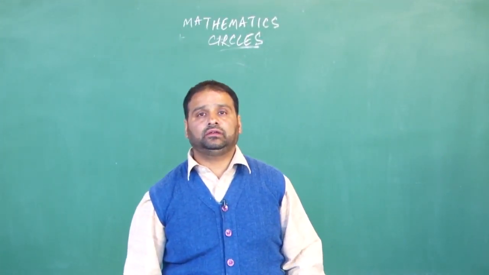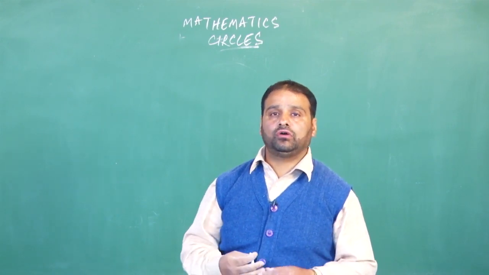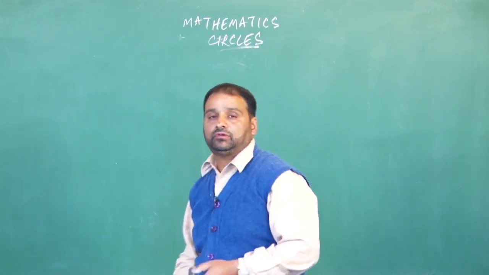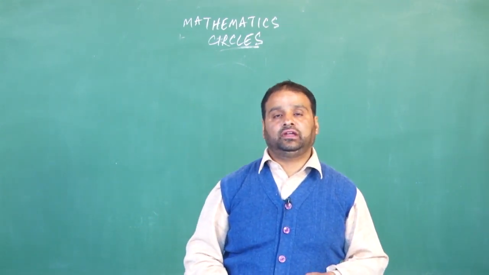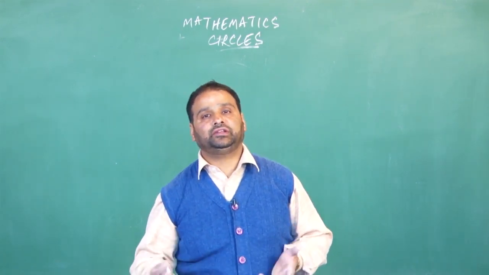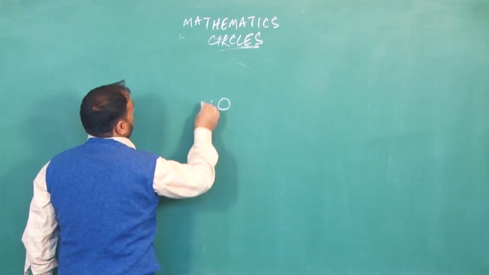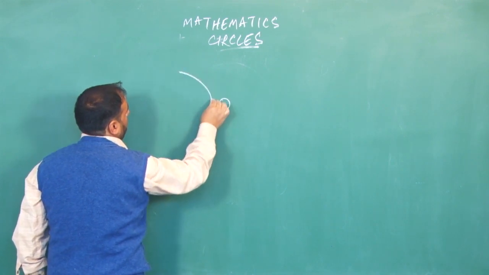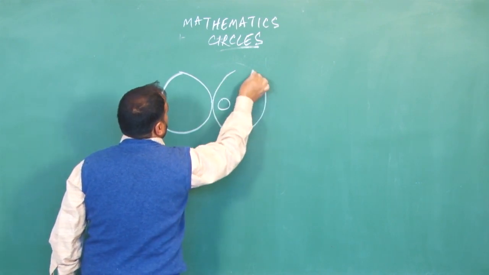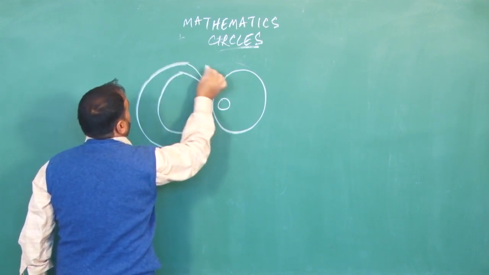Now, there is another important thing about circles: how many circles can we draw through 1 point, through 2 points, through 3 points, and through infinite points. Because the circle itself is the collection of infinite points. Let us concentrate on how many circles can be drawn through 1, 2, and 3 points. Suppose we are given point O. Now, through that point O, how many circles can be drawn? You can find out that we can draw an infinite number of circles through that point with smaller and greater radii.